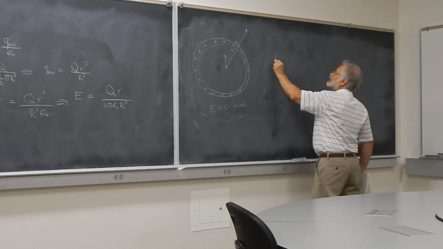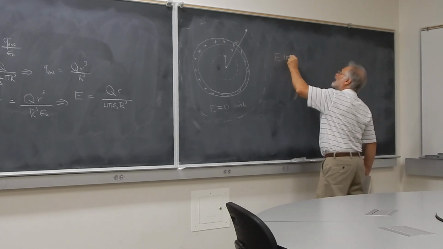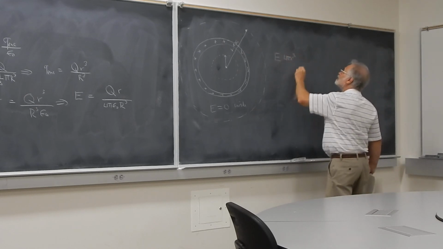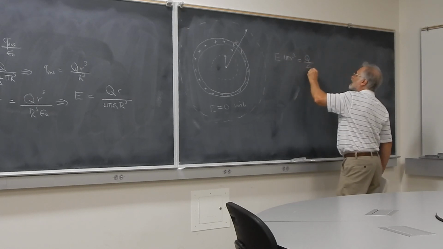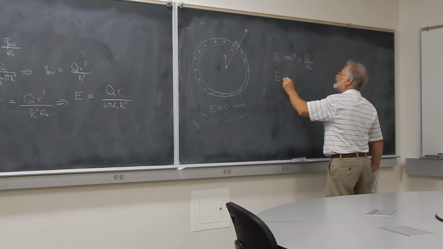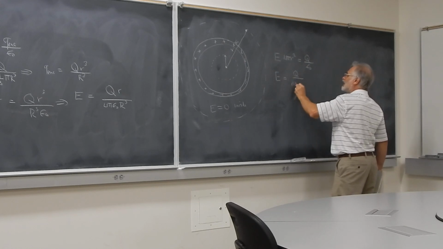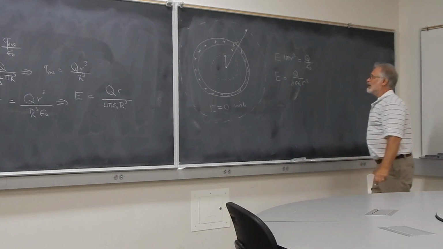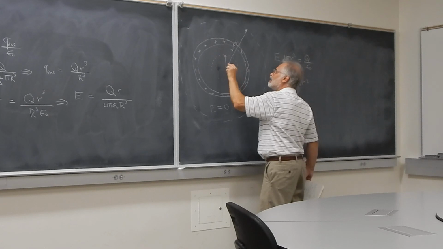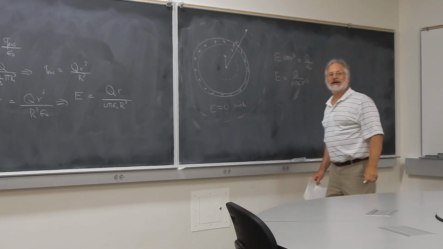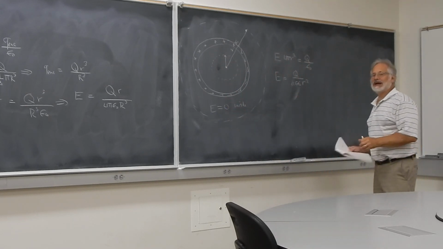So I can say that E times 4 pi little r squared is equal to the charge enclosed. In this case, it's Q divided by epsilon naught. So E is equal to Q over 4 pi epsilon naught r squared. Once again, it's as though all of the charge in this shell was located at the center of the sphere. That's the amazing thing about Gauss's law.